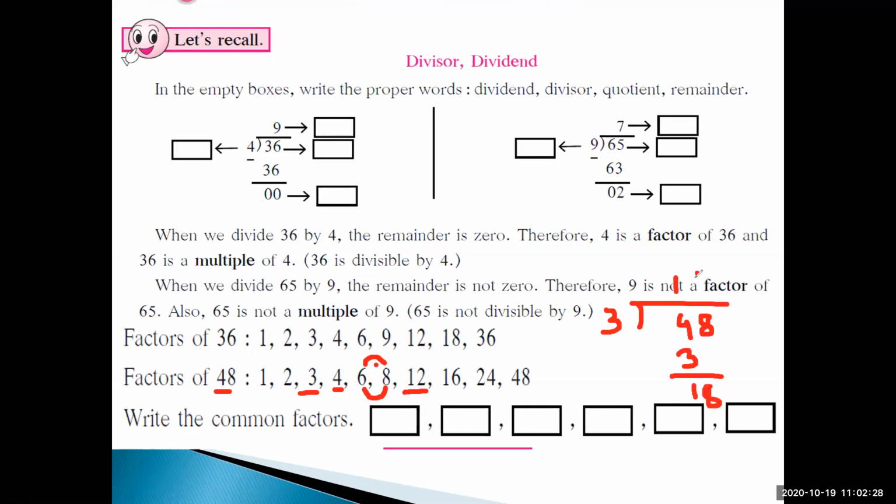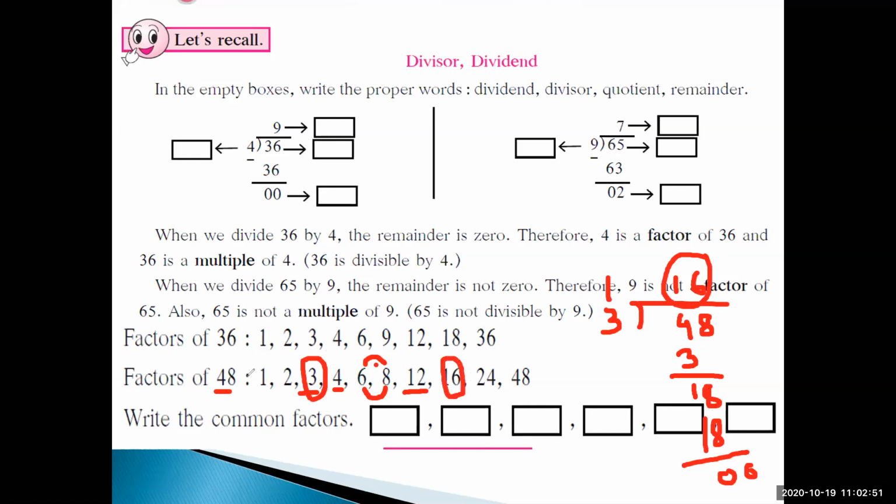Now 3 6s are 18. Again, 18 minus 18 is 0. Now we got remainder 0, right? So here the answer is 16. So we will write 16 here after 3.